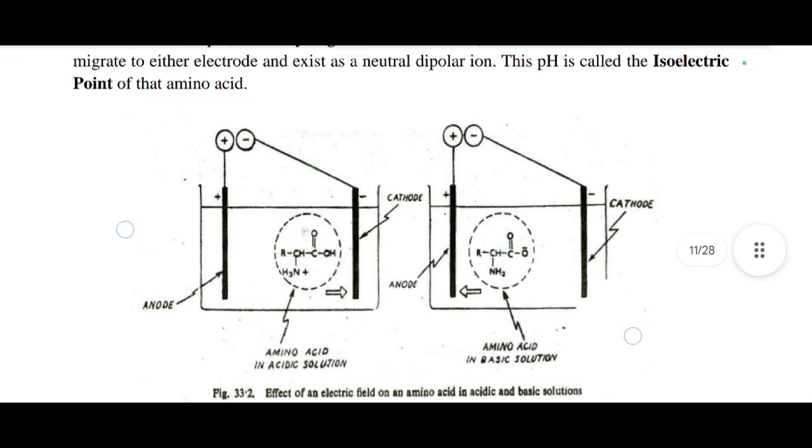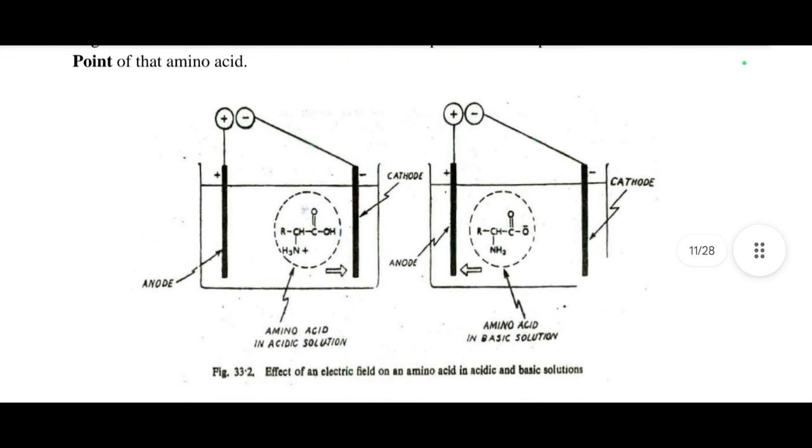So look at the structure. Here the amino acid in acidic solution behaves as a cation, because in acidic solution the carboxylate converts into carboxylic acid. Because of that, only NH3+ is there. That is why it behaves as a cation and moves towards the cathode. But in the case of basic solution, you can look at the diagram on the right side.